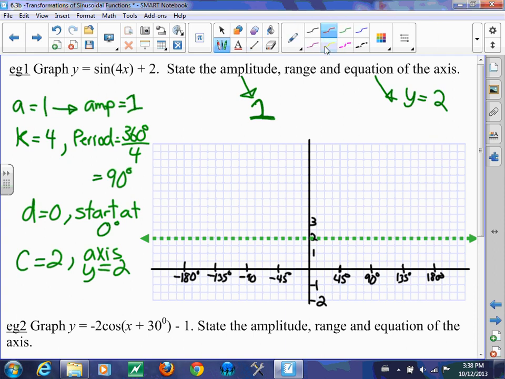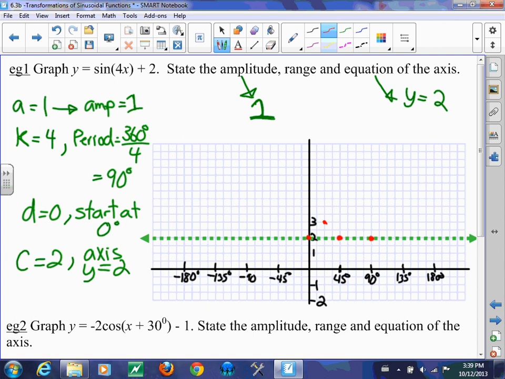So for sine x, ladies and gentlemen, we know it's going to start at the axis. We got to end at our axis at 90 degrees. So what does that mean? At halfway through, we've got to have gone to our max and to our min. So what does that mean? Halfway between 0 and 45, I've got to get to my maximum, which is 3.